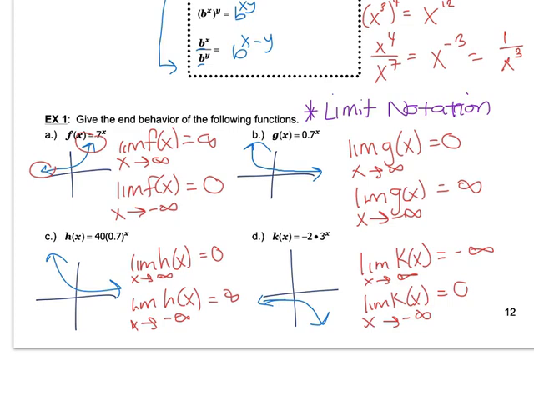What I'd like you to notice for examples like these is the general shape of the graph based on the base. The base is whatever is being raised to a power. With a base that is less than 1, like in example B and example C, when you take a number less than 1, think of a fraction or a decimal less than 1, and multiply it by itself over and over, it's just going to get smaller and smaller.